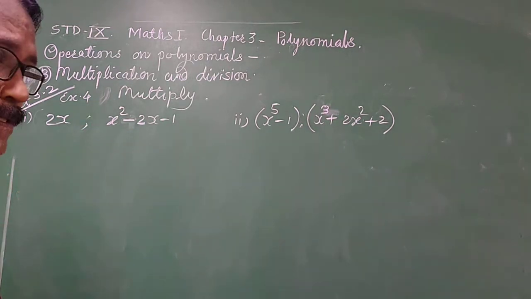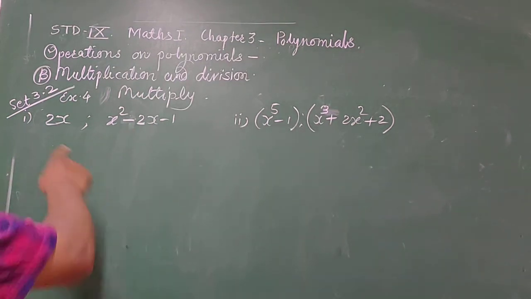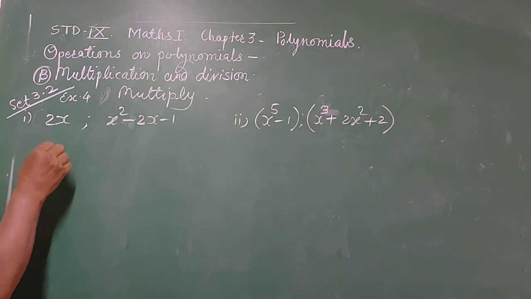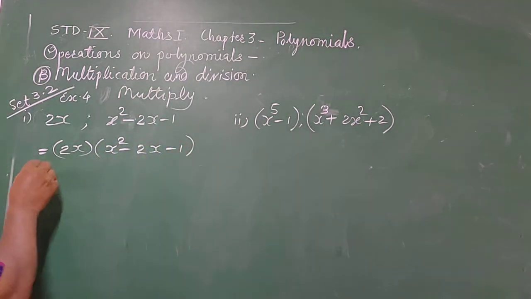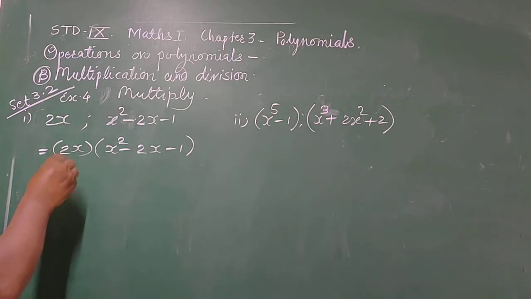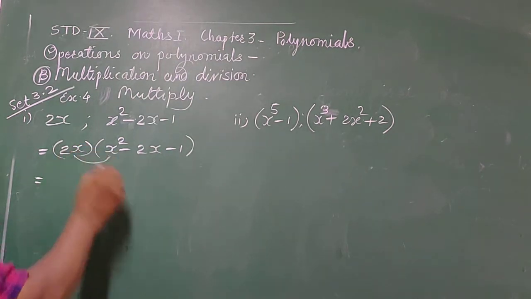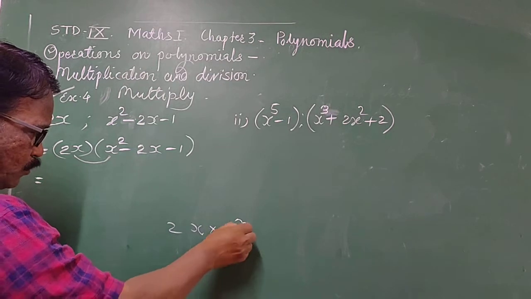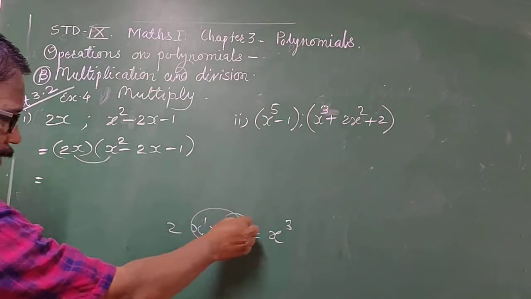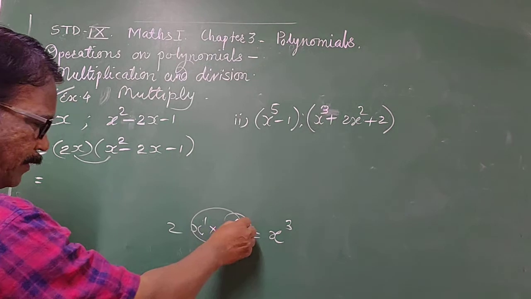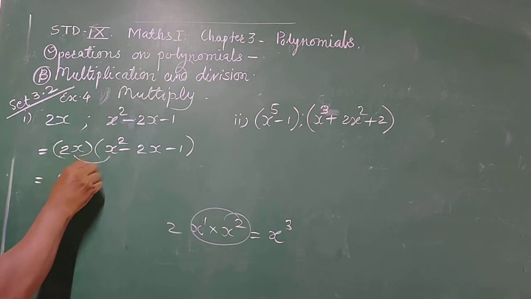Multiplication of two polynomials. This is a monomial and this is a trinomial. Write the product of both: multiply 2x to each term. 2x into x square: the indices are added, so it is 2x cube.